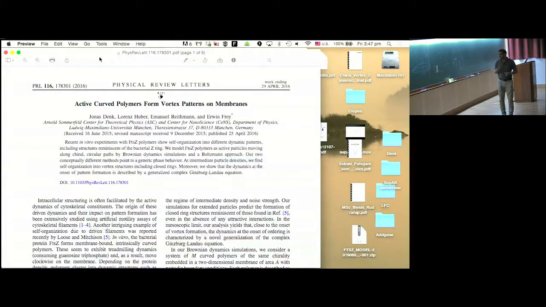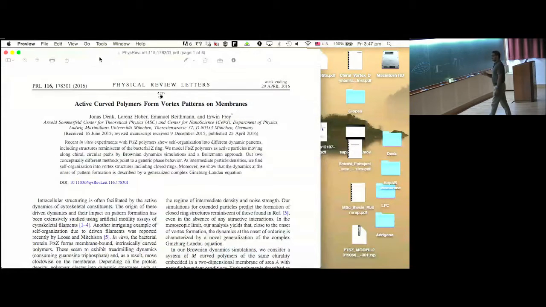When you have a filament with GDP at one end and GTP at the other end, GTP is being added from here, GDP is released from here, and there is treadmilling happening, and the filament, if you look at it from outside, gives the impression of moving forward as a whole.